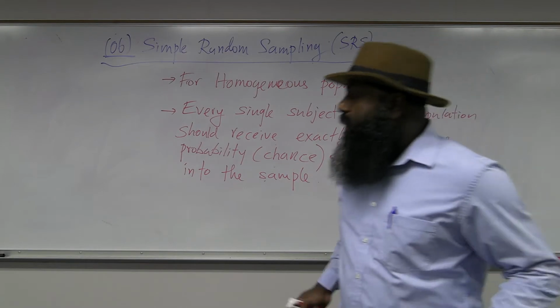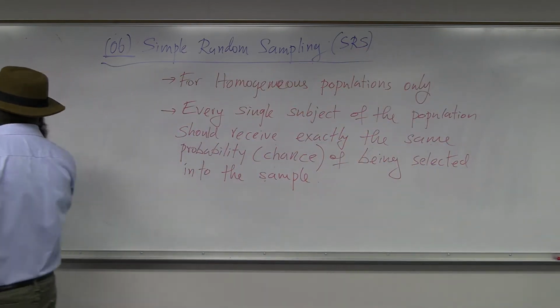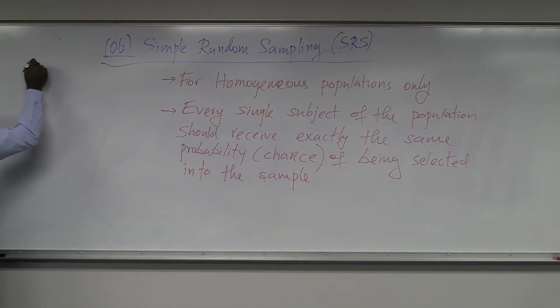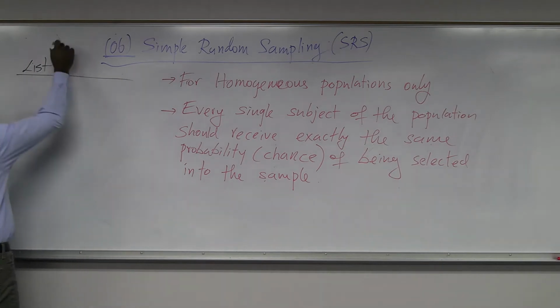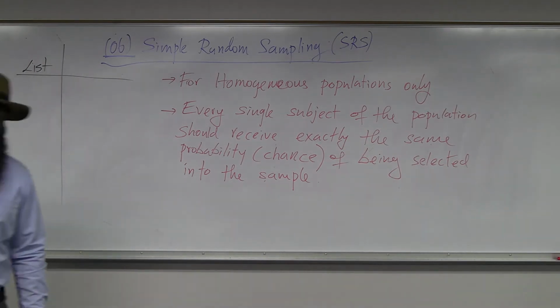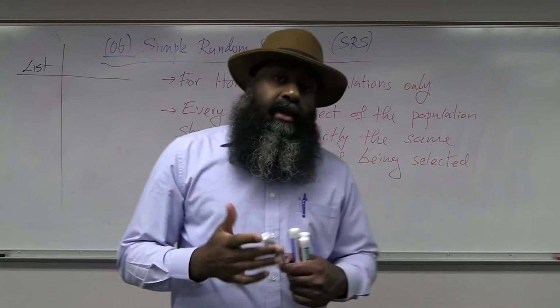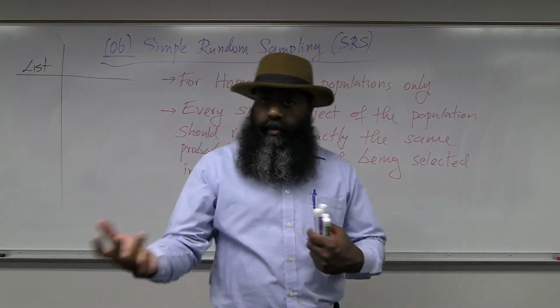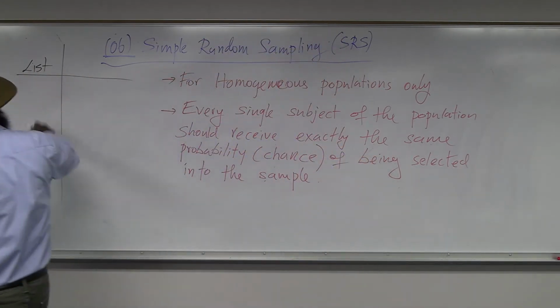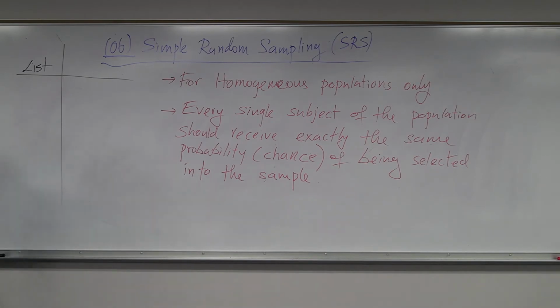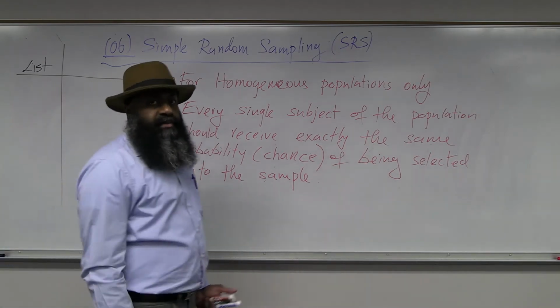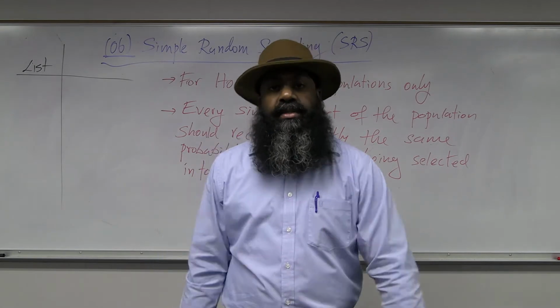Now this is all you have to do. You have to take a list of all the subjects. If your population is a human population, you may have the names, but on the other hand, sometimes the names can also be confidential.